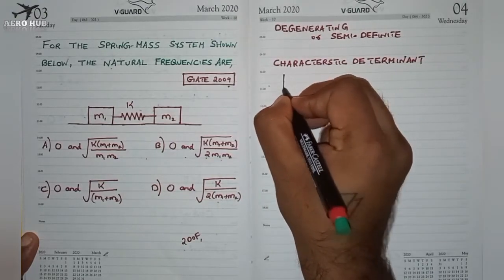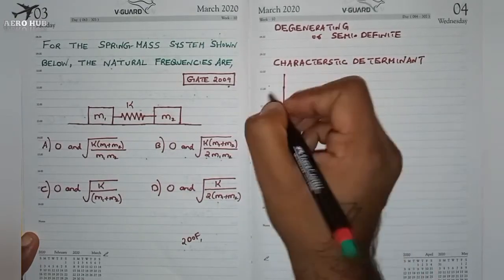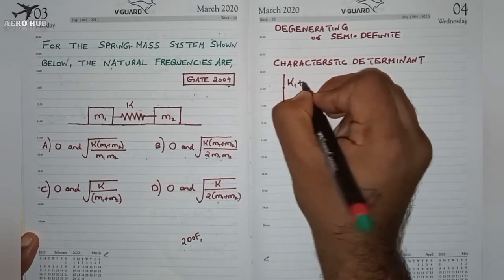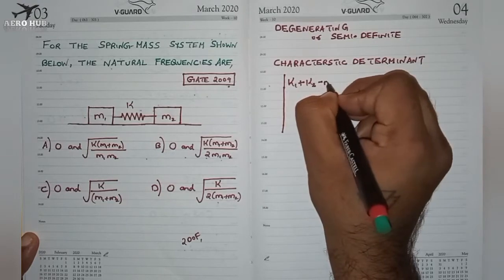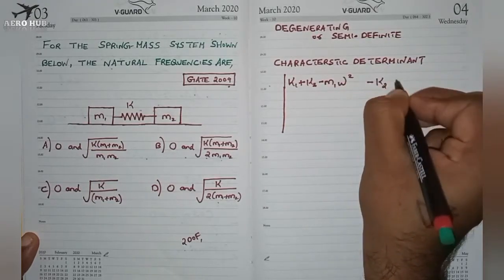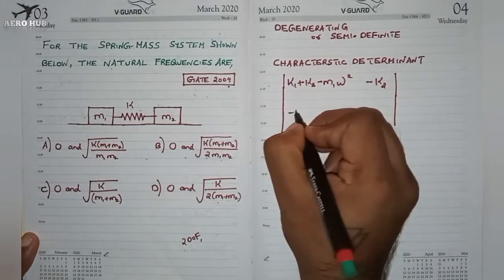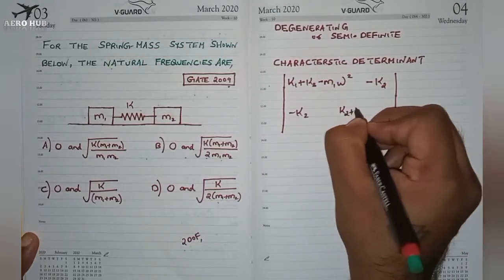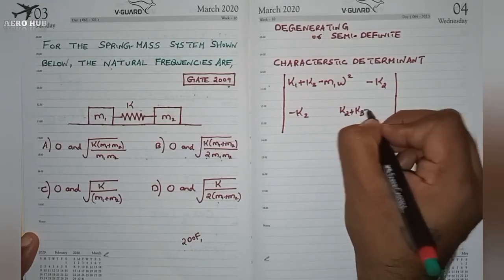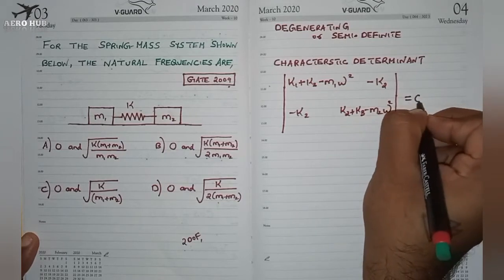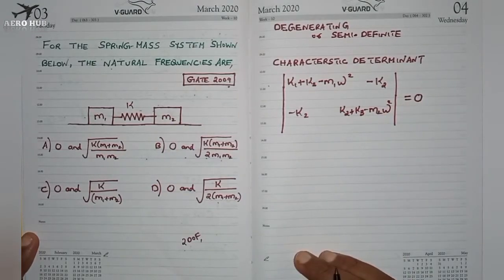This is the characteristic determinant: k1 plus k2 minus m1 omega square, minus k2, here also minus k2, then k2 plus k3 minus m2 omega square. I am equating this to 0 to get the characteristic equation of the system.